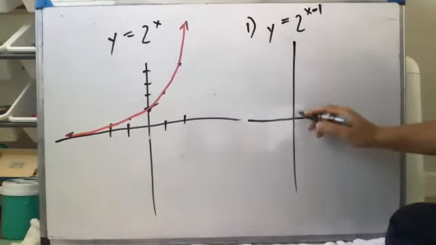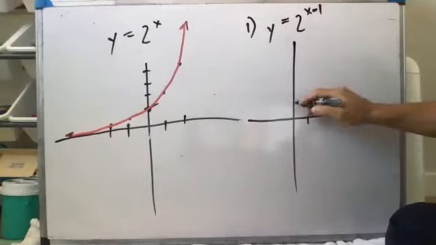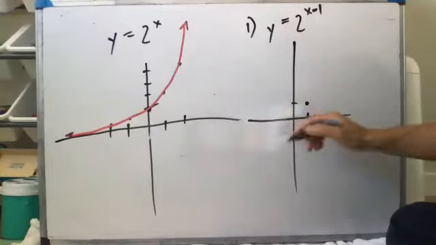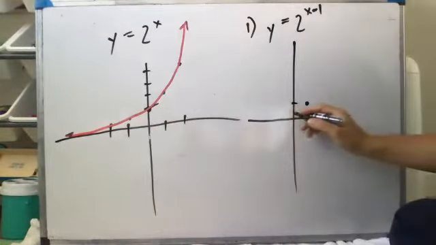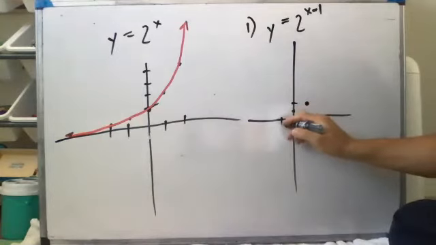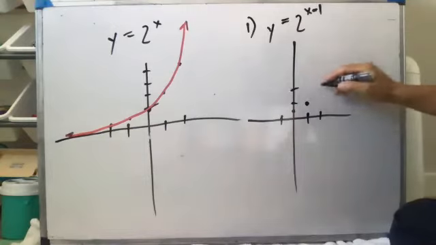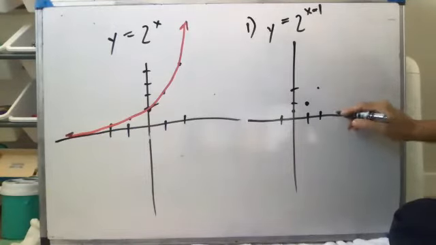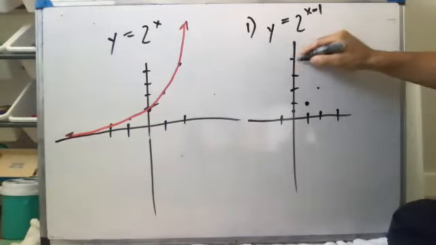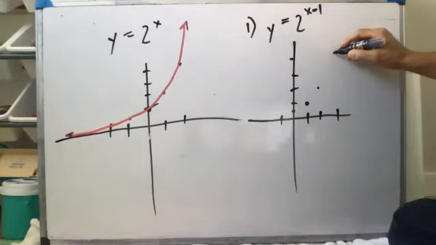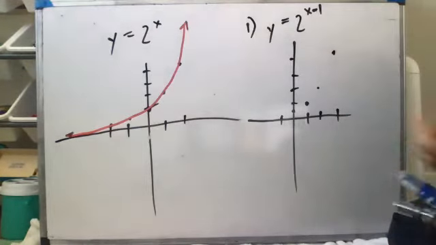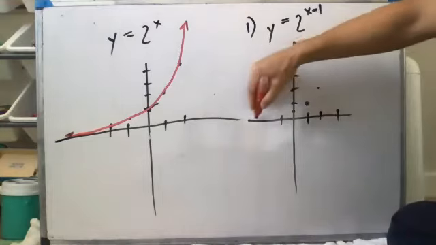So where it used to be 0, 1, now it's going to be 1, 1. Used to be negative 1, 1/2, now it's going to be 0, 1/2. And negative 2, 1/4, now 1, 2. I'm sorry, 2, 2, and 3, 4. So like that. This is the exact same picture, just shifted to the right by 1.